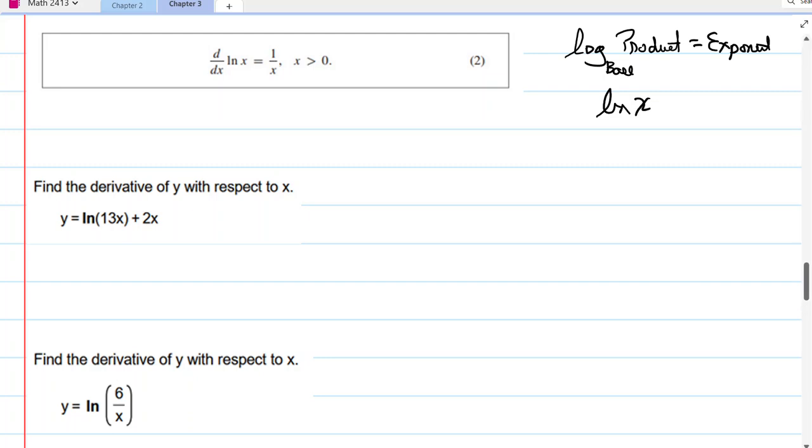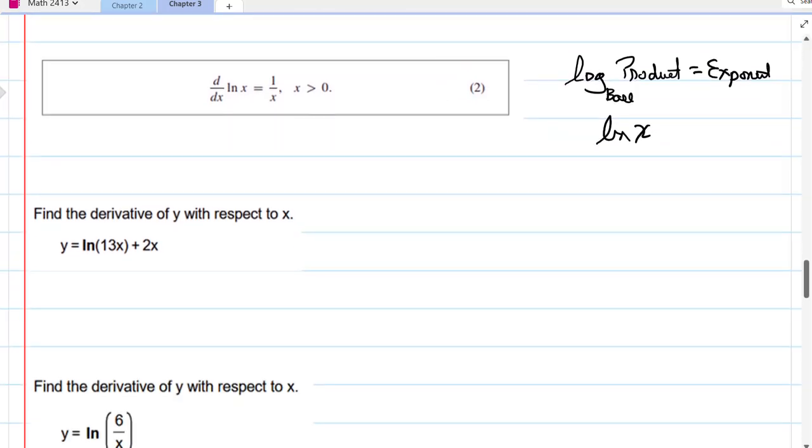We're going to be doing both, but mainly what we do in calculus is this one. And this one we have to know forever: the derivative of natural log x is 1 over x. On the logarithms, we'll look at that when I get to them. All right, so here we have that concept.